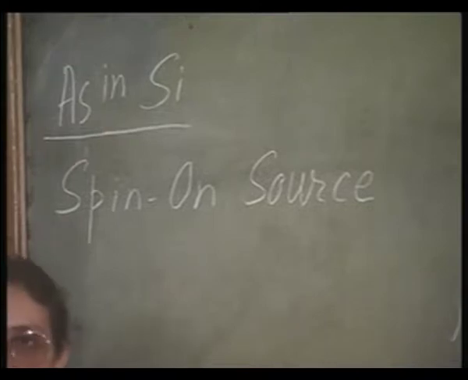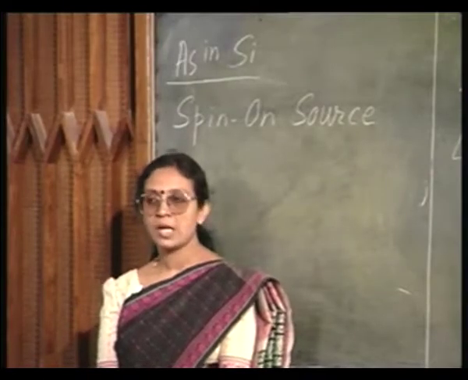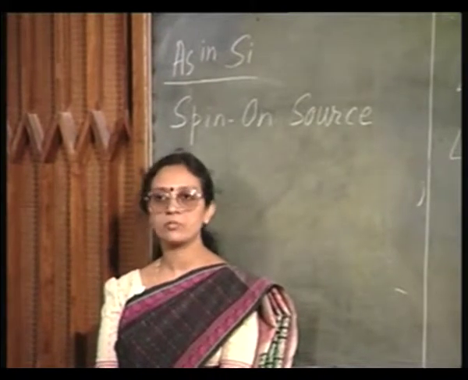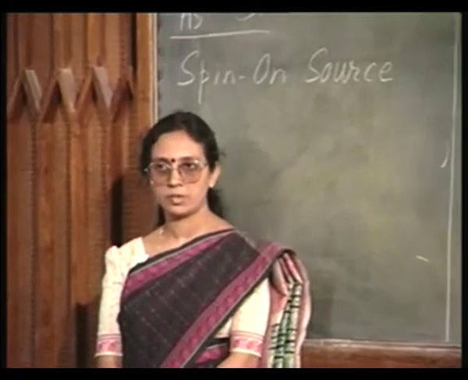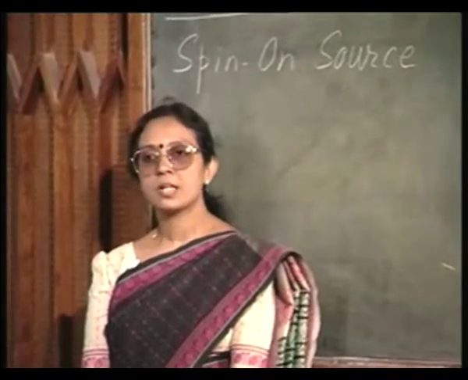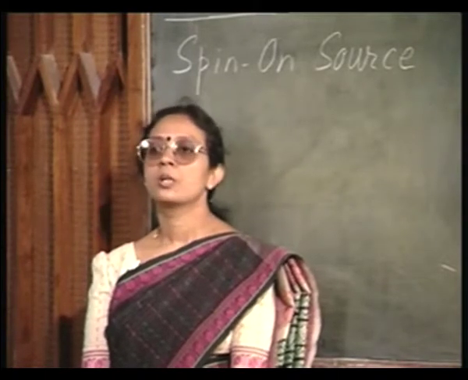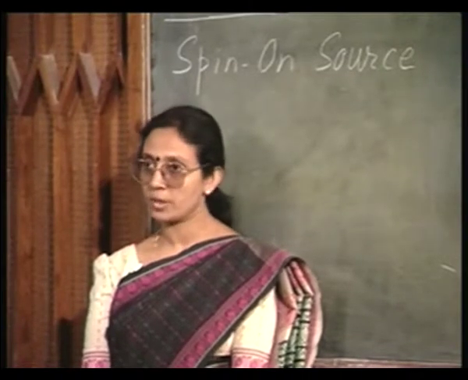This spin-on technique is somewhat different from what we have talked so far. In spin-on technique, what is done is you take an organic compound of arsenic, usually arsenoxylane or something like that. So, this comes as a liquid. You put a few drops of this liquid on the silicon surface at room temperature.